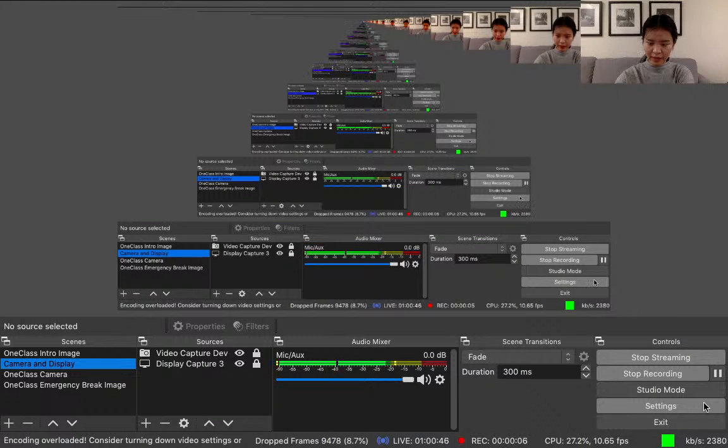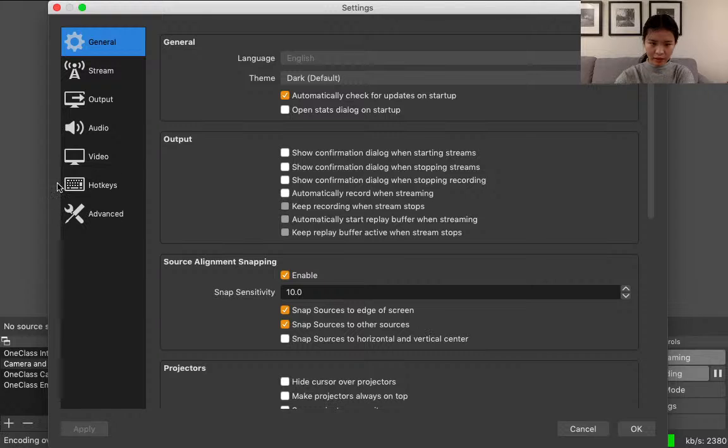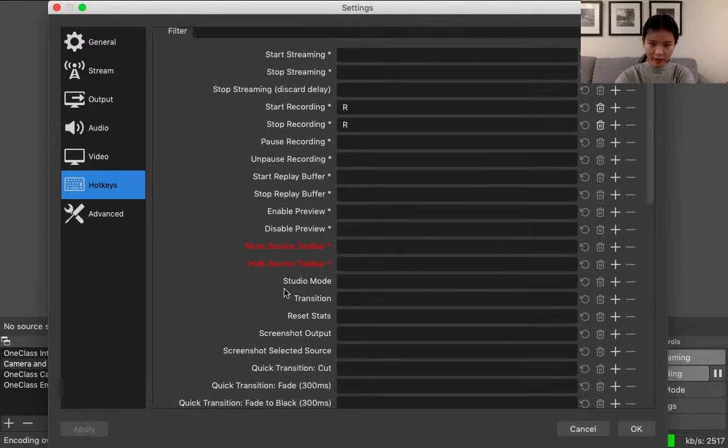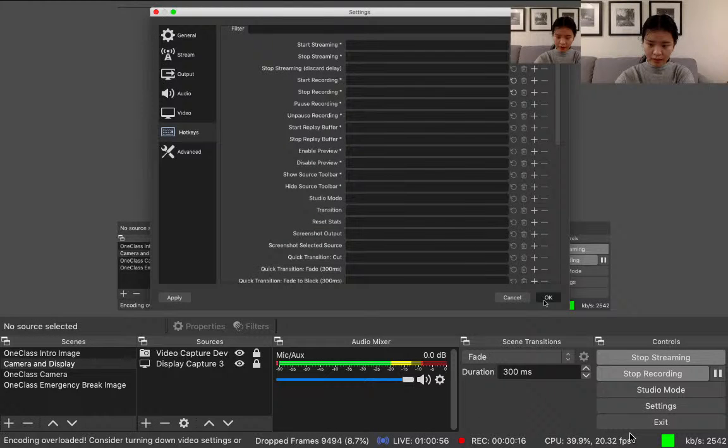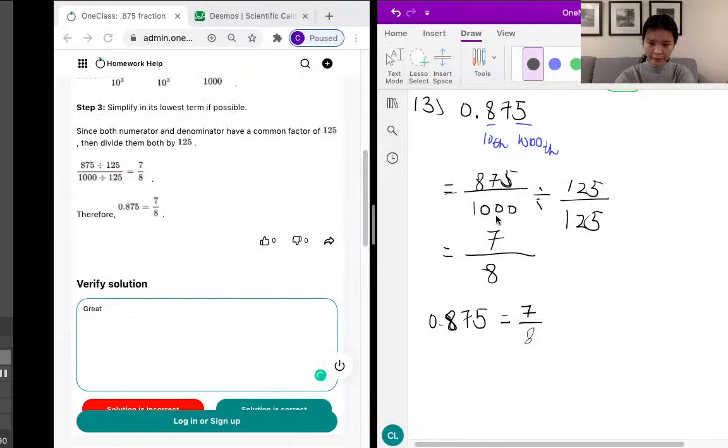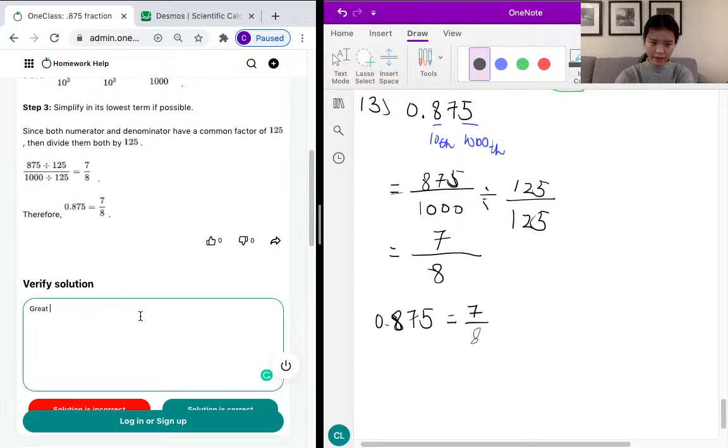Actually, I just realized something. I'm just going to change the settings. Cool. So let's just say, great job. The solution is correct.